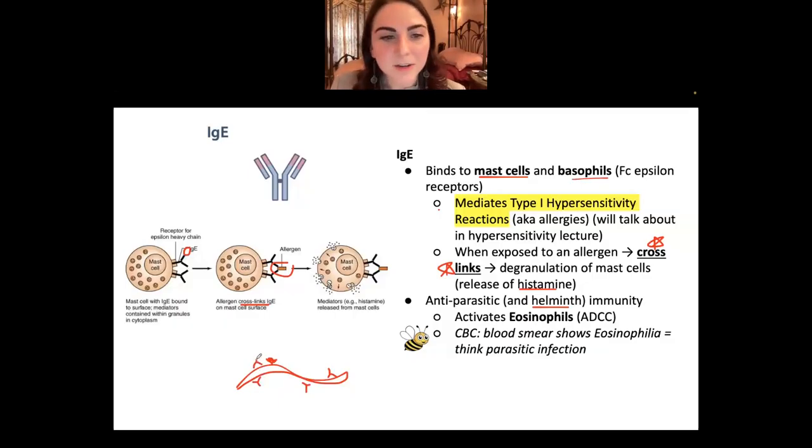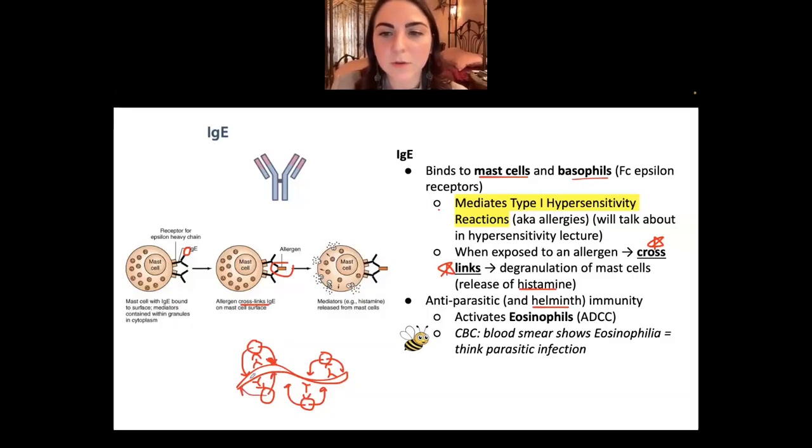Then here come eosinophils with their Fc epsilon receptors, and they bind to the Fc portions of IgE. Once all these eosinophils bind, that's a trigger for their mediators to get released, and they try to destroy this helminth. That's another example of ADCC, antibody-dependent cellular cytotoxicity.